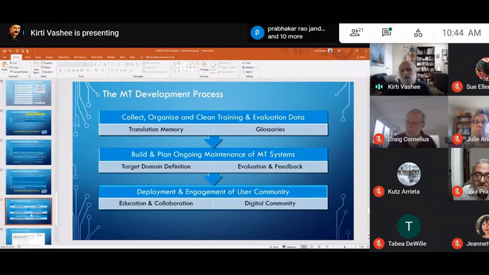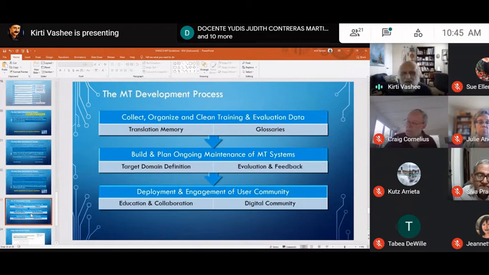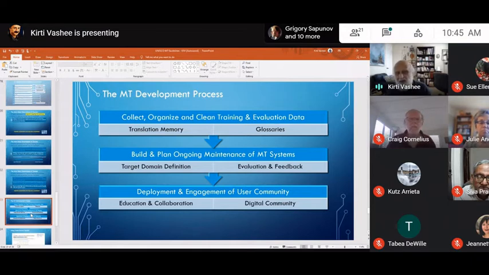So, the development process involves collection, organization, and cleaning of training and evaluation data, a plan to build initial systems, assess how good they are, how bad they are, what areas need to be improved, how do we improve them, and then getting the user community involved in a way that their feedback becomes part of your next generation data and the evolutionary path that your MT systems go through.